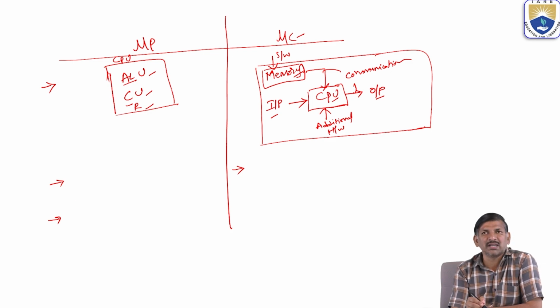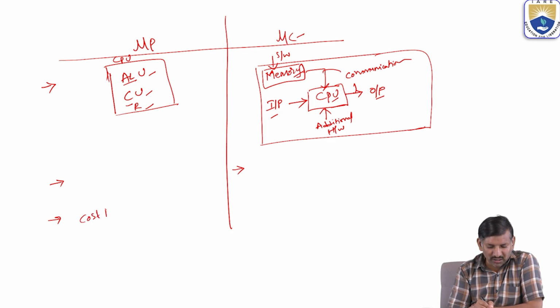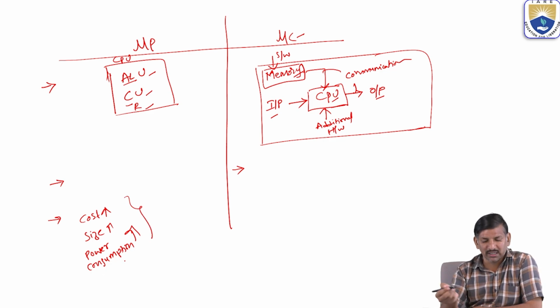Since we are using external components, the cost increases. Cost is more, size is more, power consumption is more, and since it needs to access externally, the access time increases.